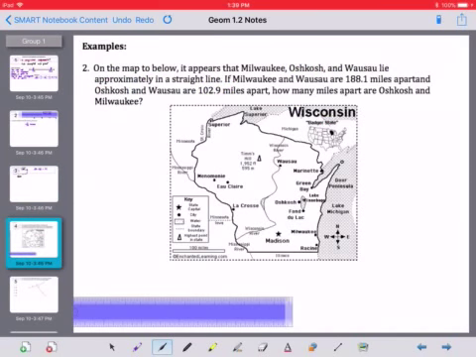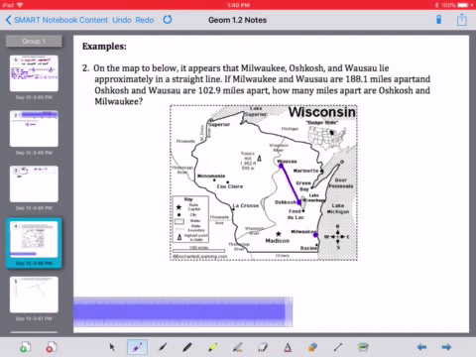All right, now let's use that postulate to do an example. They tell us, on the map below, it appears that Milwaukee, Oshkosh, and Wausau lie approximately in a straight line. If we look at these 3 cities, I'd agree with that.